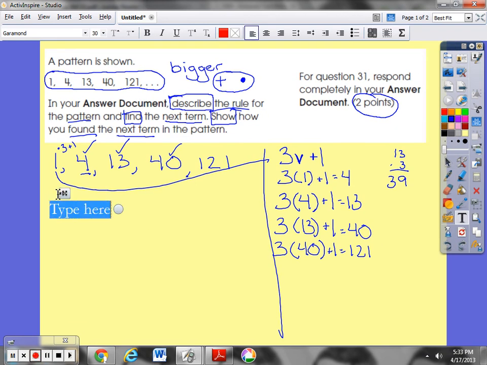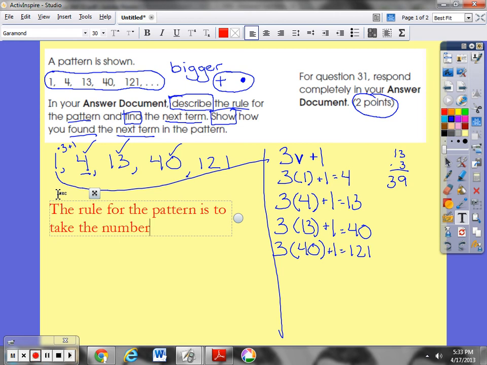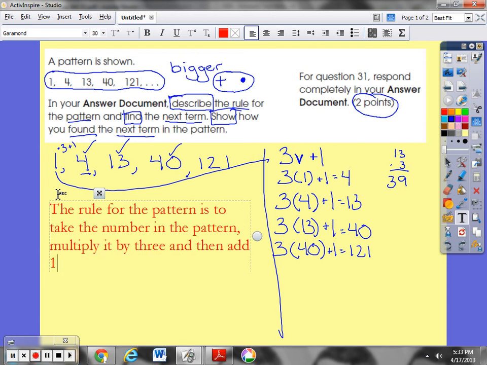You would actually write: the rule for the pattern is to take the number in the pattern, multiply it by 3, and then add 1 to the product to get the next number in the pattern.